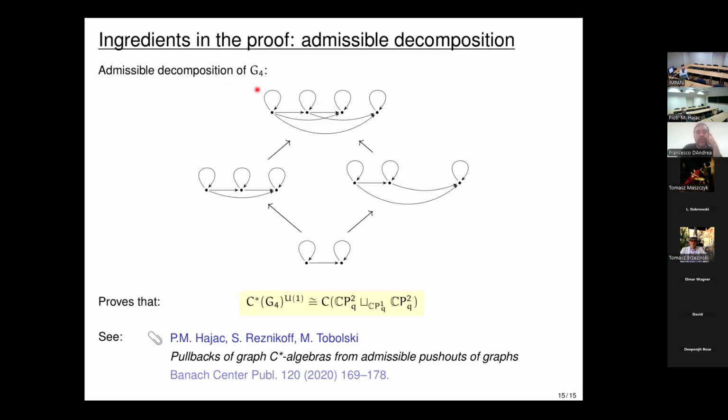So the one on top is the graph G4. Inside this graph G4, you have two subgraphs. One obtained by killing the last vertex and all the arrows that start or end at this vertex. This is the graph on the left. But you can also kill the third vertex and all the arrows going to this vertex, and you get the graph on the right. The union of these two graphs is the one on top, is the G4.